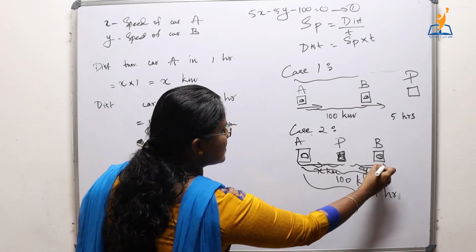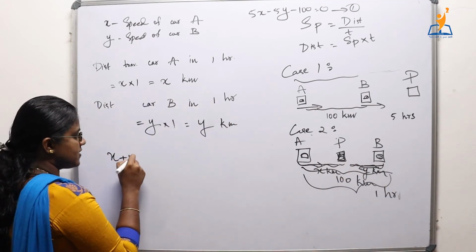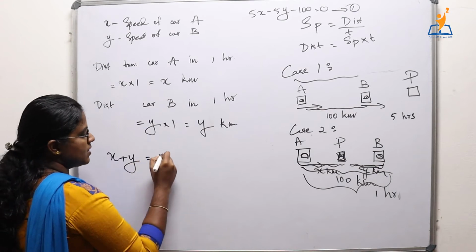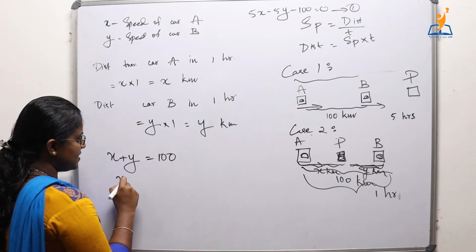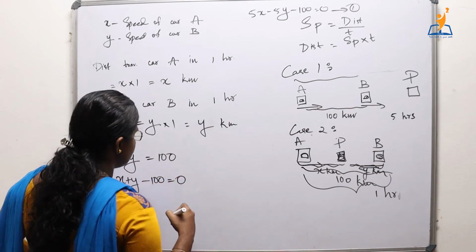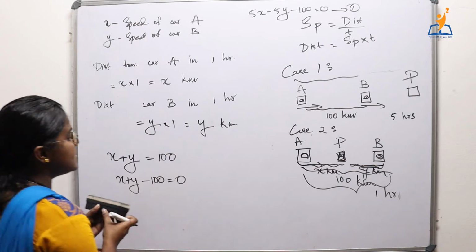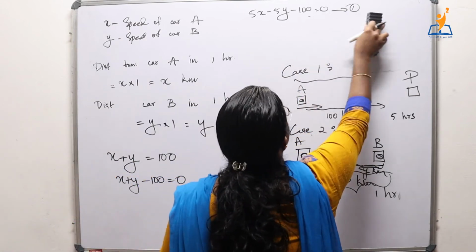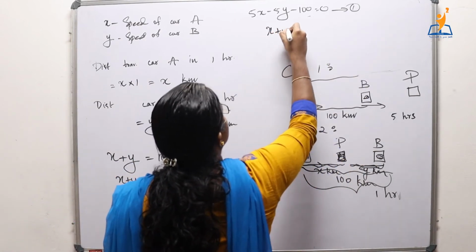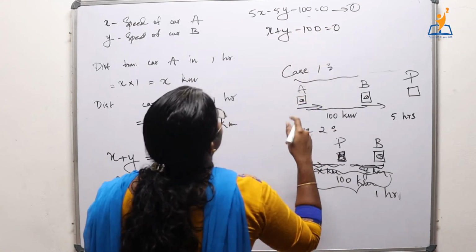So this is x and the total is 100. So we get x plus y equals 100, which means x plus y minus 100 equals 0. So we got another equation, that is x plus y minus 100 equals 0.